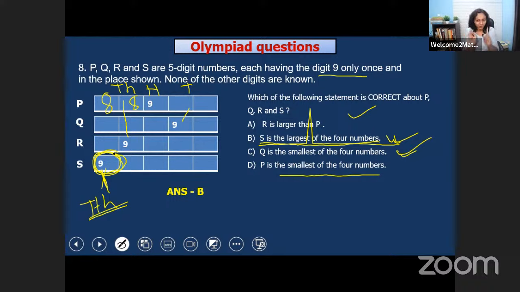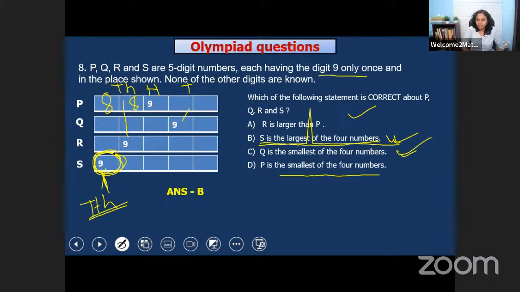That is the trick. If the number starts with 1, that will be the smallest number, and if the number starts from 9, then it would be the largest number. So in this way you can find your answer if you have this type of question. So did you understand?